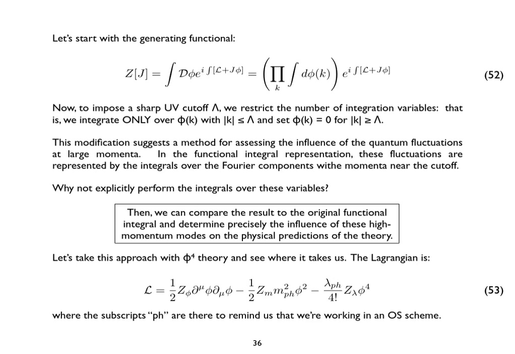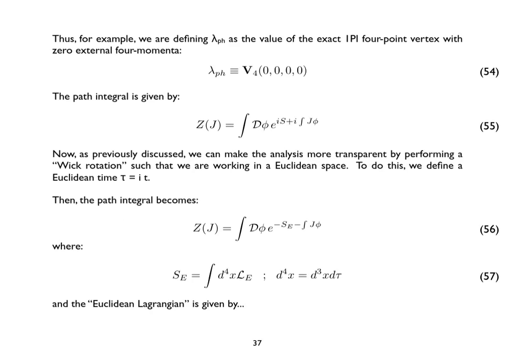So we're going to take the normal phi to the fourth Lagrangian, introduce our counter terms, and work in the on-shell scheme. This will be the last time we work in the on-shell scheme. I've denoted these couplings and masses as physical couplings and masses because they're the ones we measure at the experiment. We're going to compute the 4-point vertex.